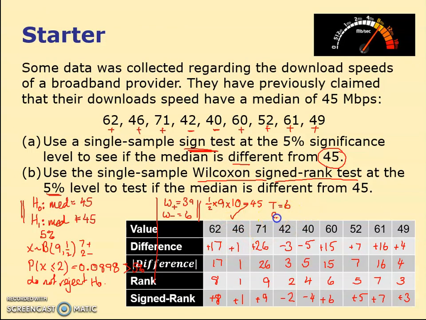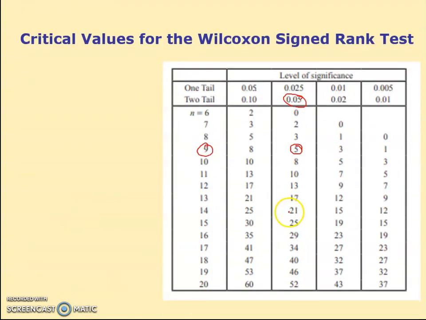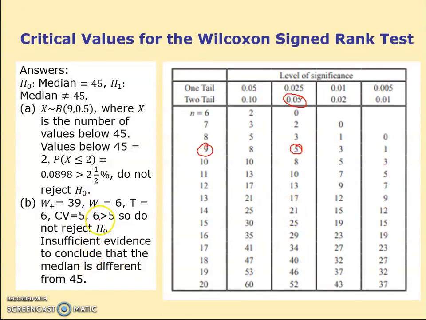So I would write critical value is 5, and 6 is greater than 5, do not reject H0. Now interestingly, they've both given the same result. So I suppose they're saying the same thing, which is a good sign.